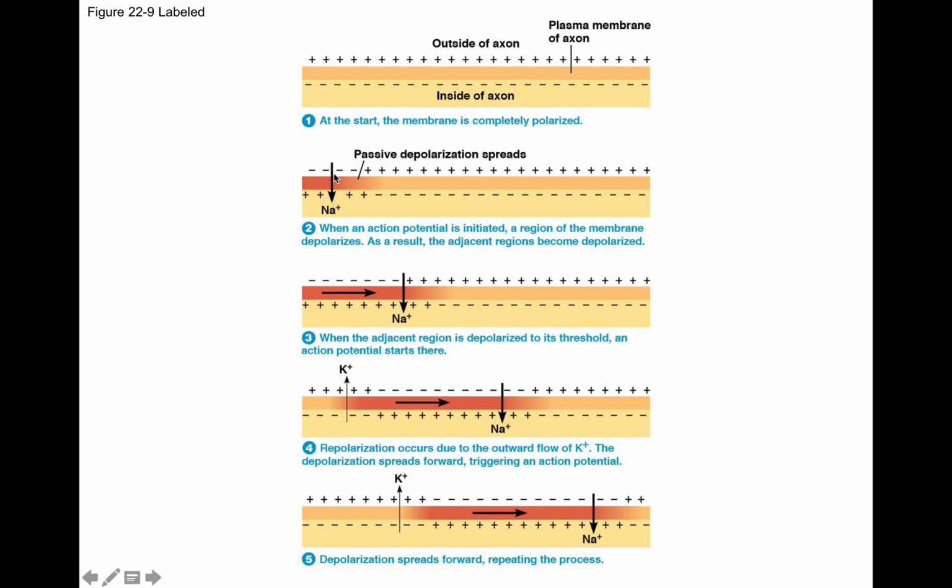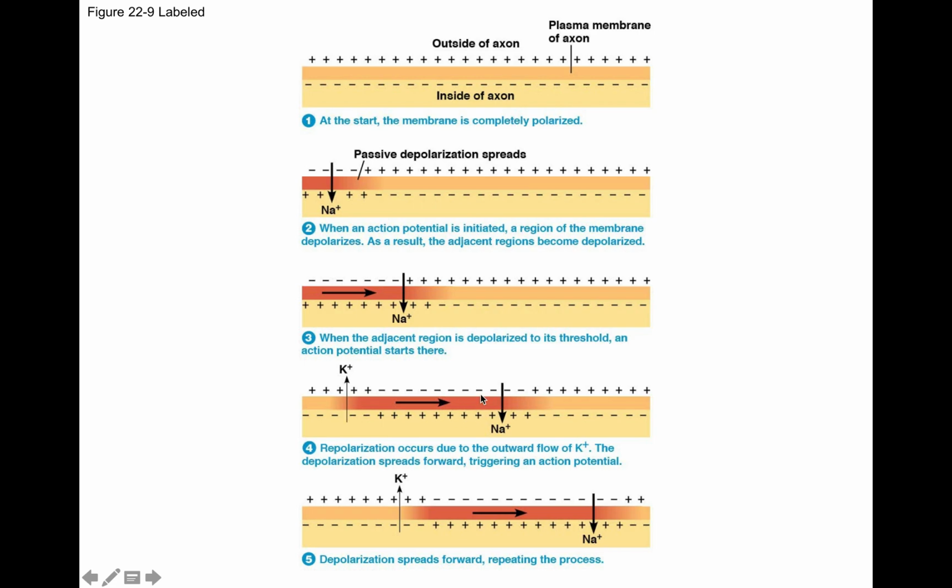Sodium is coming into this local spot on the membrane. That means positive charges are rushing in. That affects sodium channels that are right next to it because they are responsive to voltage, and I just changed the voltage right here. So right next to it, that's going to respond to that voltage, and more sodium is going to come in.